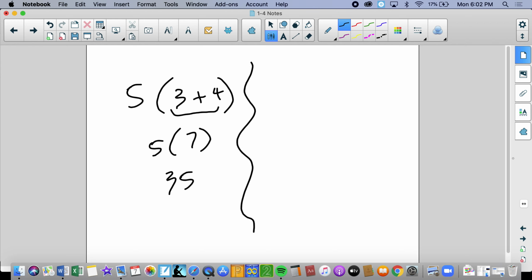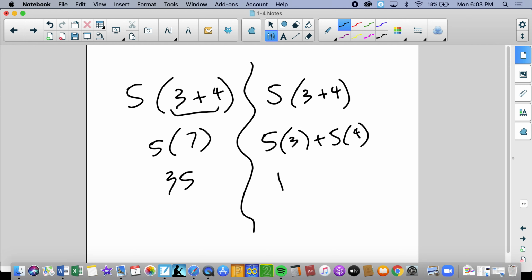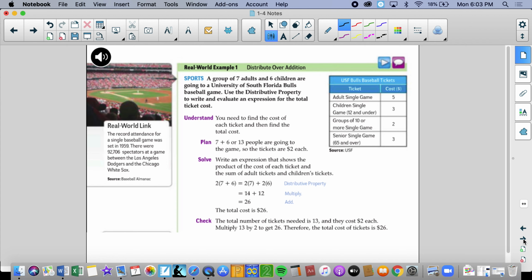It's only when you have unlike terms inside the grouping symbol that you would choose to use the distributive property. But you can still do the distributive property: 5 times 3 is 15, 5 times 4 is 20, and you still get 35. So that's an example of the distributive property.